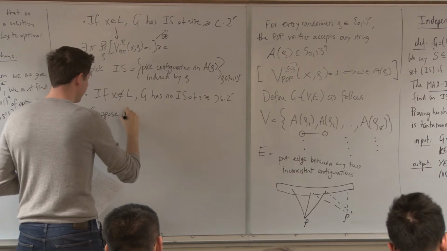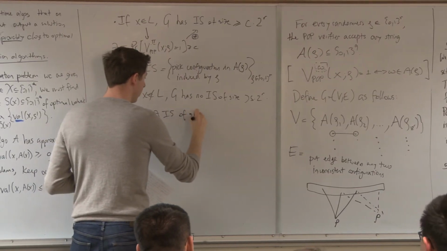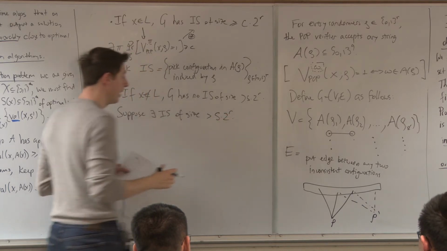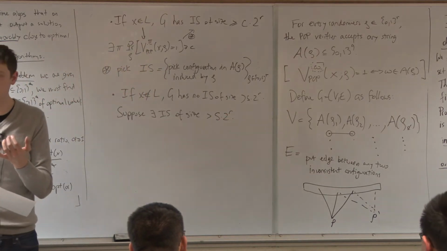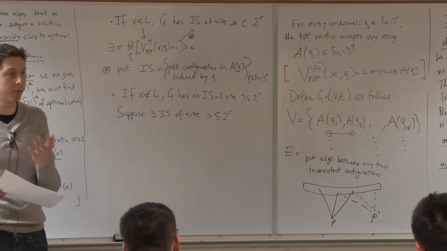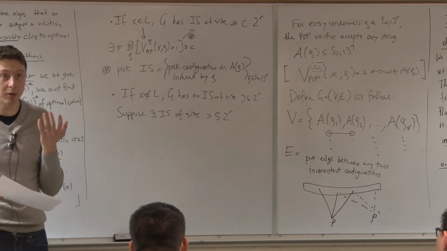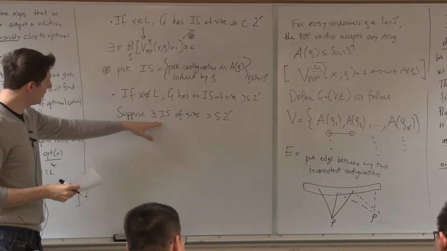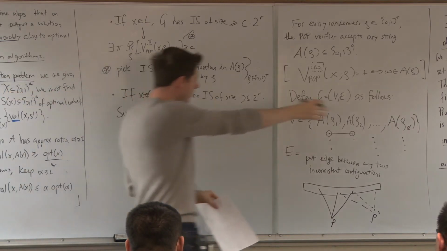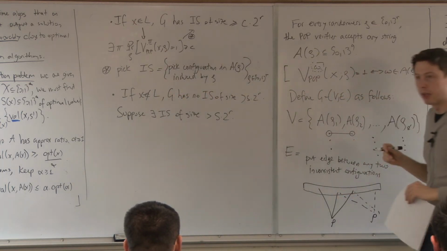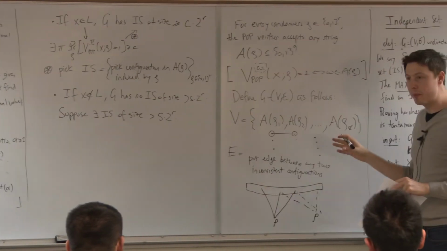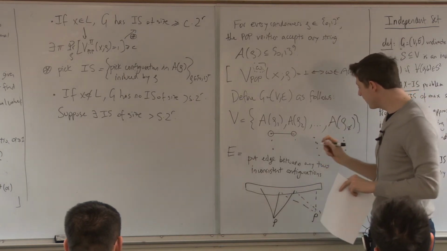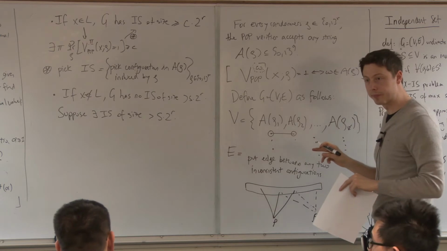Suppose that there exists an independent set of size greater than S times 2 to the R. Then I would like to argue that I can construct a proof that makes the verifier accept with probability greater than S, and that would be a contradiction to the soundness. Okay? So I have this independent set, so it must be somewhere here, right? Now clearly this is an independent set between columns.